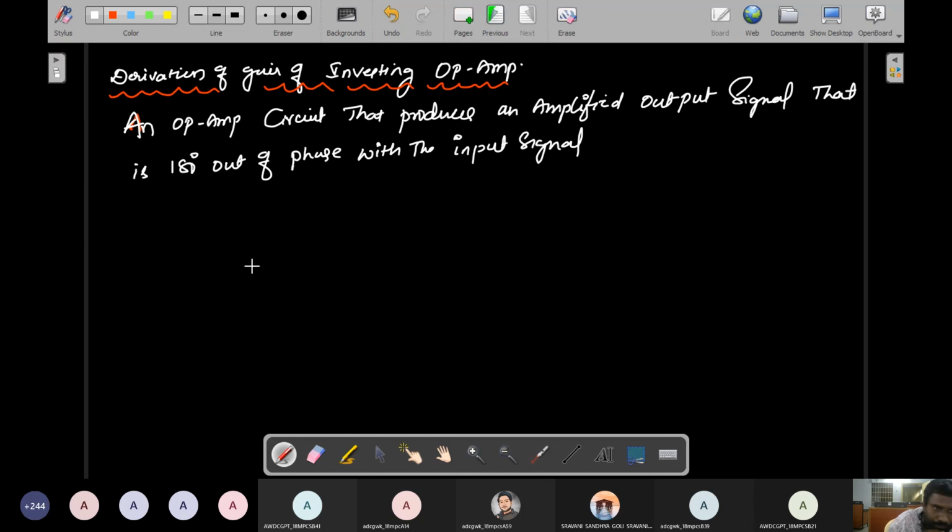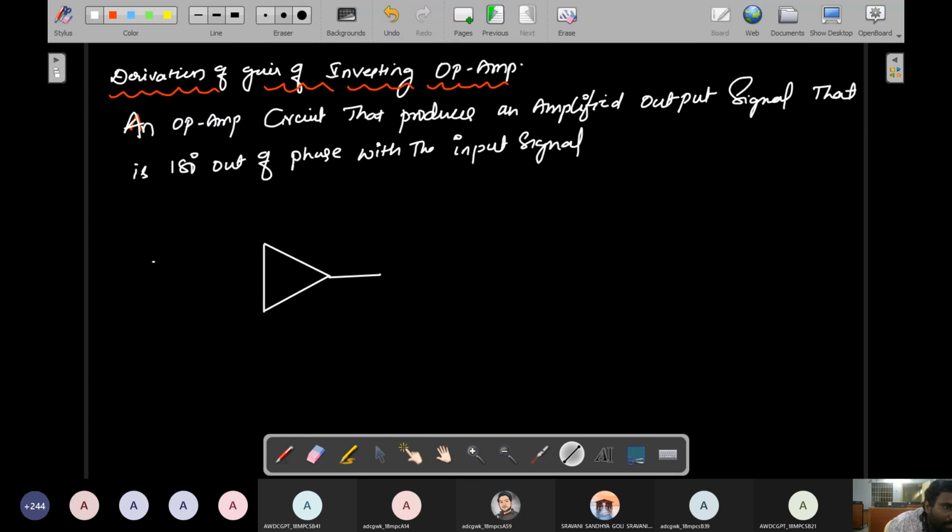Okay, so now I'll draw the circuit diagram. Please note it. See, this is the diagram of the inverting amplifier. This is the operational amplifier and this is the output voltage.